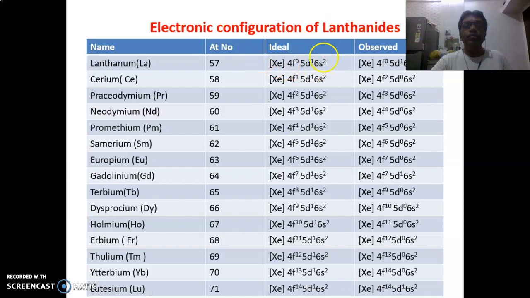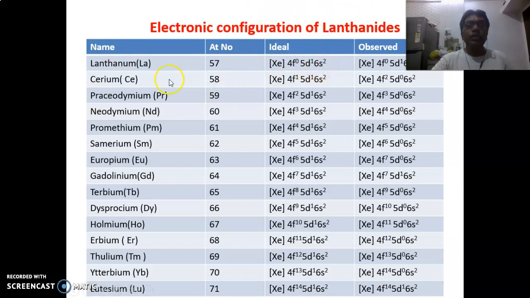So these elements have three incompletely filled energy levels. In the definition we have seen what inner transition elements are: elements which have three incompletely filled energy levels. So 4f, 5d, 6s.